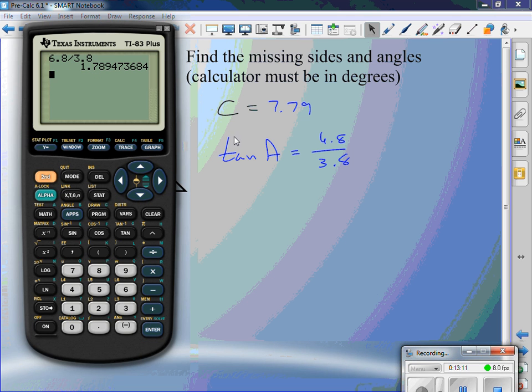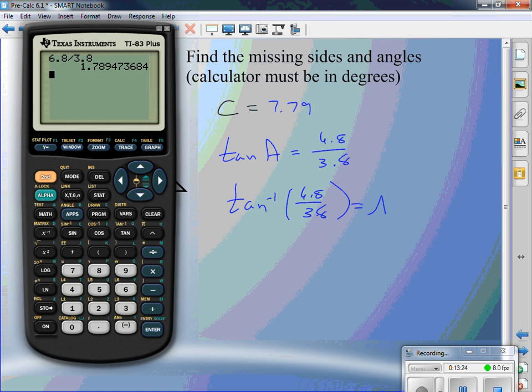When I have an angle missing, this is when you use the inverse tangent. So it's the inverse tangent of 6.8 over 3.8 is what A is. Second tangent, second negative, so I don't have to type everything again. So mine is, the angle A is 60.8 degrees.